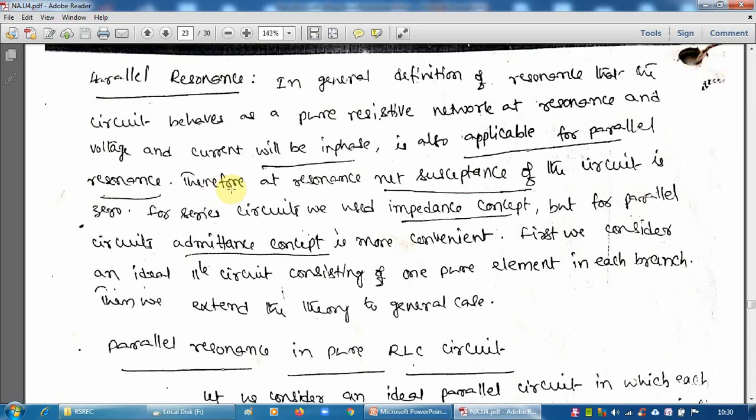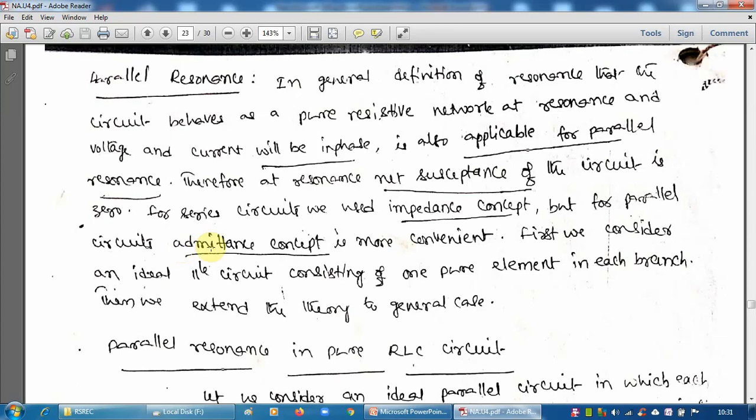But in a series circuit we consider the impedance concept. As it is a series circuit, the concept of impedance is considered. We defined impedance as the ratio of supply voltage to the current in the circuit. Here in a parallel circuit we consider the admittance concept.